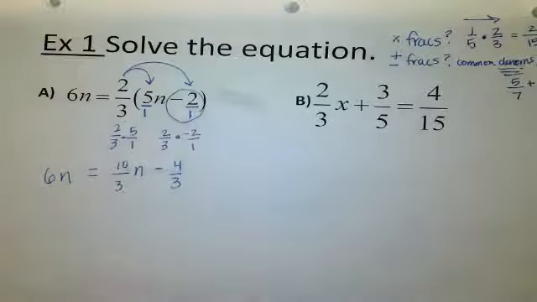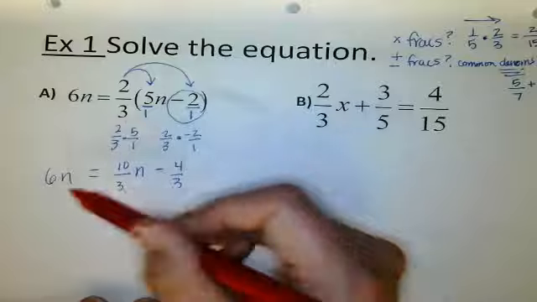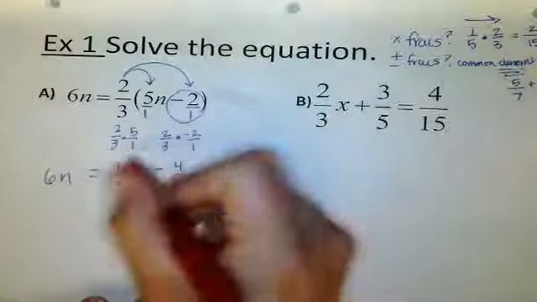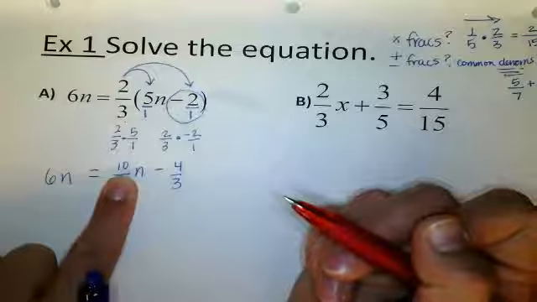Now, what should we do next? We've got an n here and an n here. They need to get together. Normally if it was a 10n, you'd subtract 10n.